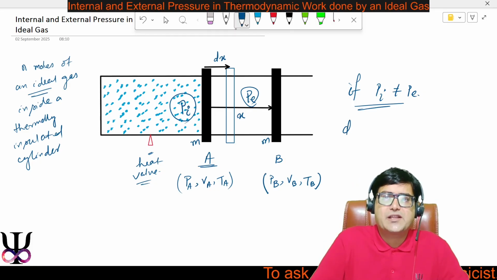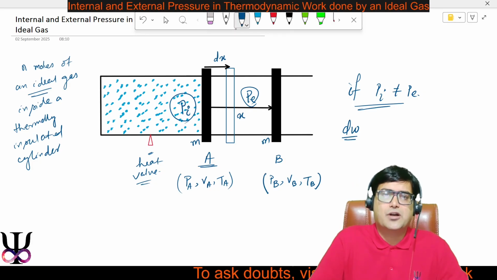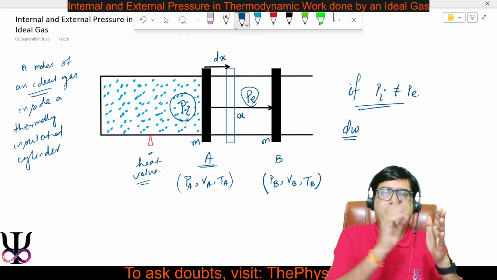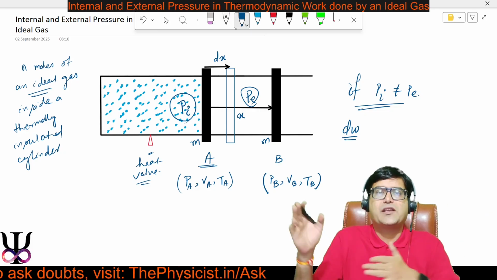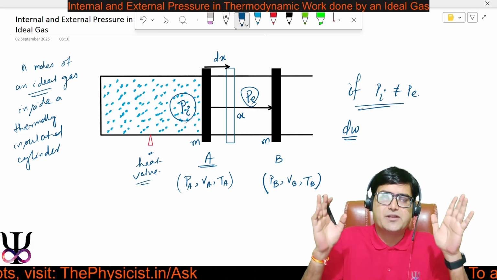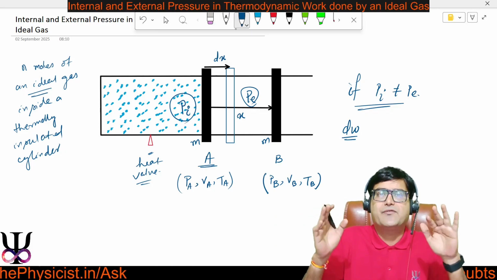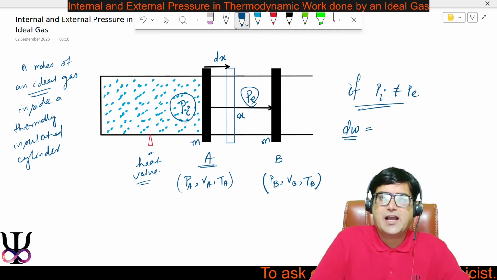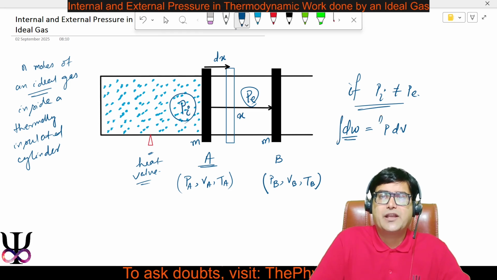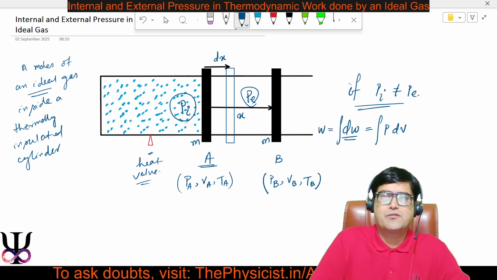We always take the infinitesimal work done, because we are not sure if the pressure stays constant. It's not necessarily an isobaric process where the pressure remains constant. And if it's not an isobaric process, then dW we have to take as P dV, and then integrate both sides to find the total work done.